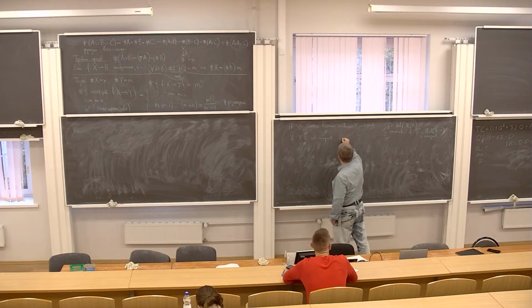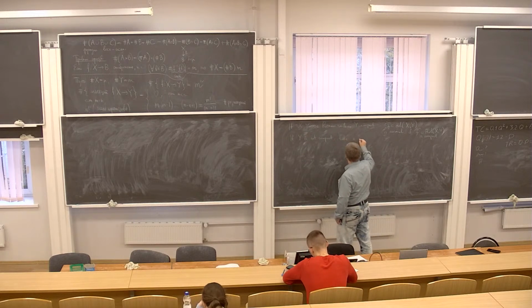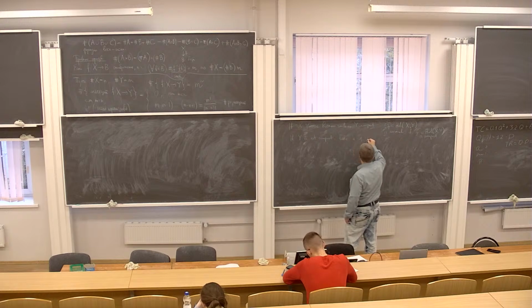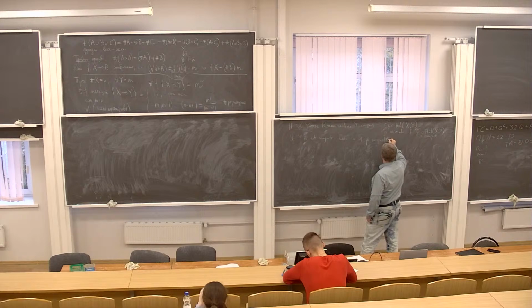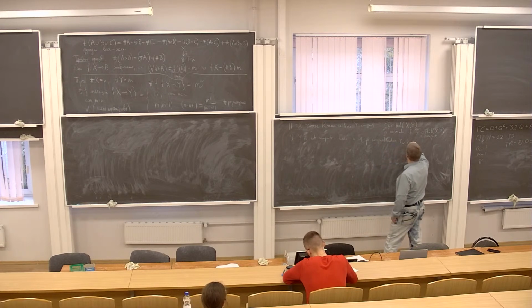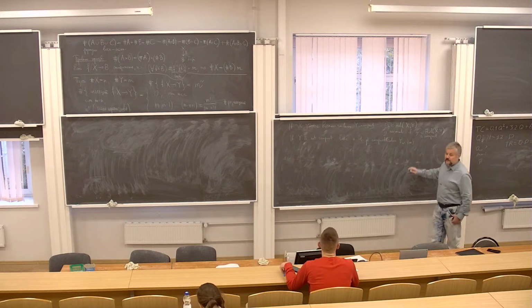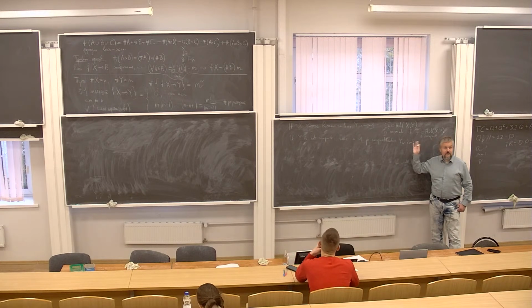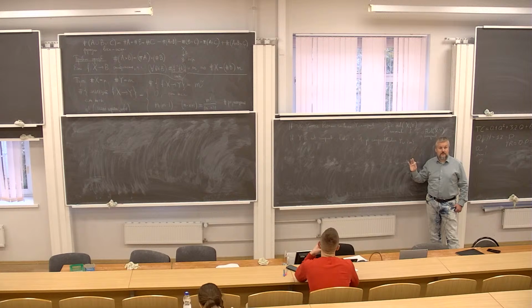Let's take a one-point compactification, obtained by adding one point at infinity. I will just write infinity, but this is just a formal symbol. It's just any point you can add.